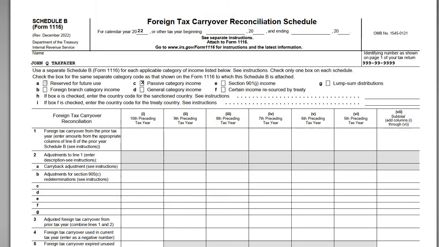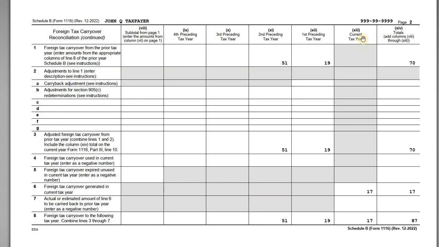So if we look at the foreign tax carryover reconciliation schedule, Schedule B, we can see here that in the current tax year, obviously these are all grayed out because nothing's being applied from the prior year. But notice here, line 6 item amount is $17.